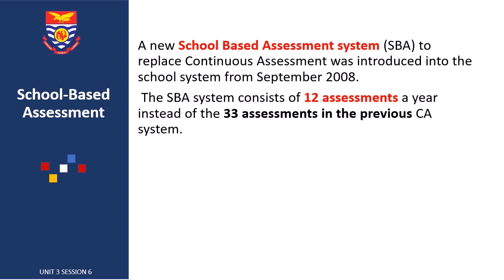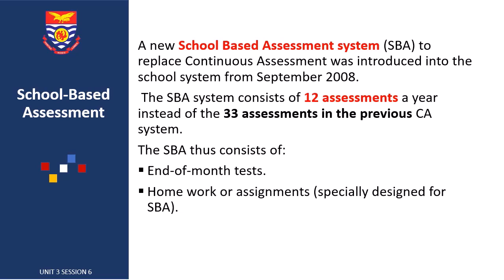So here it was 12 assessments, but that was 33. The school-based assessment consists of end-of-month tests. You also have homework or assignments, especially designed for school-based assessment. Then also project work.